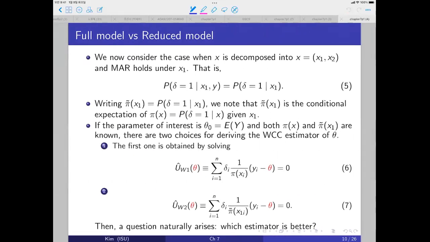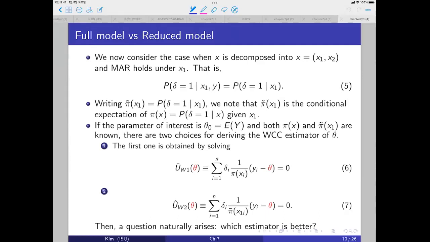So one interesting point is this. Suppose we have covariates decomposed into x1 and x2, and the missingness actually depends only on x1. That means the conditional probability of delta equal 1 given x1 and y is independent of y. Then the problem becomes a little bit interesting, because you can think of two different propensity score models for the conditional probability of delta.